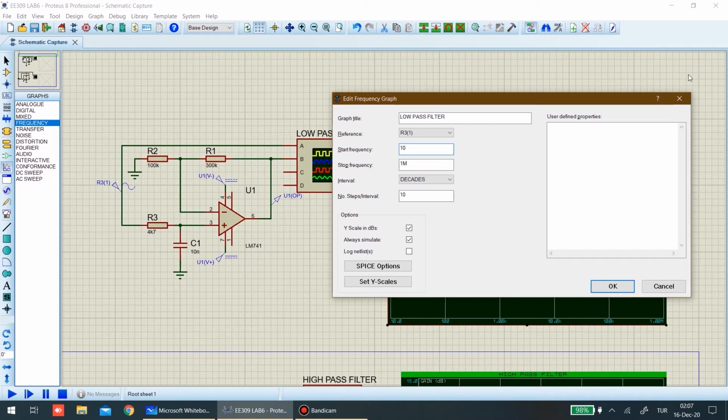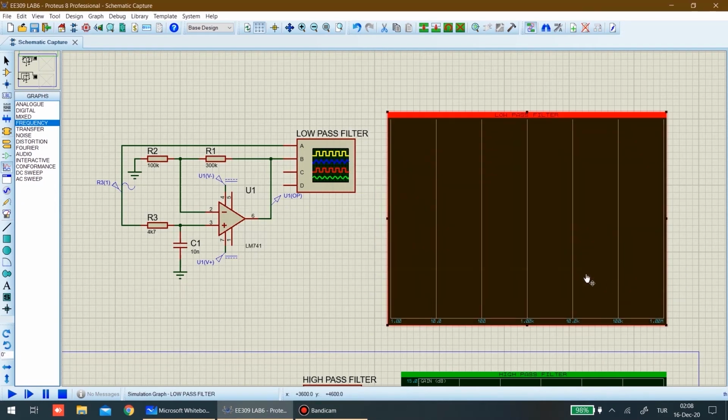The program Proteus will start to change the frequency of that generator with respect to these parameters. So let's start from 1 and end at 1 megahertz. Click OK.